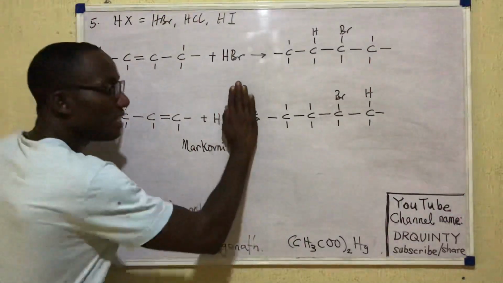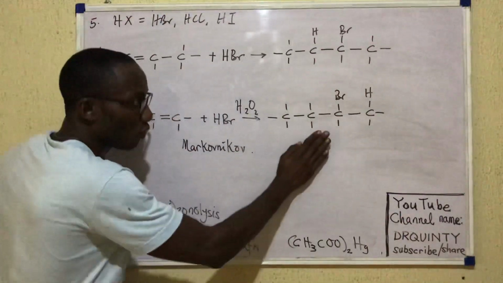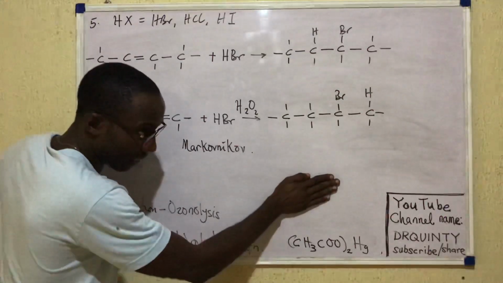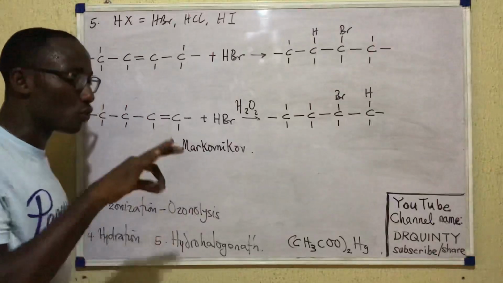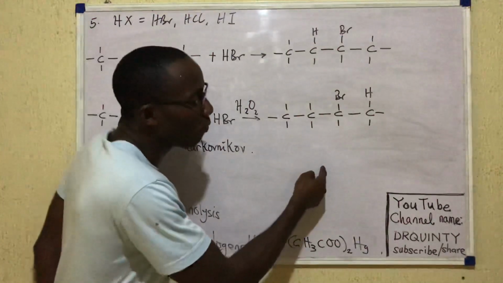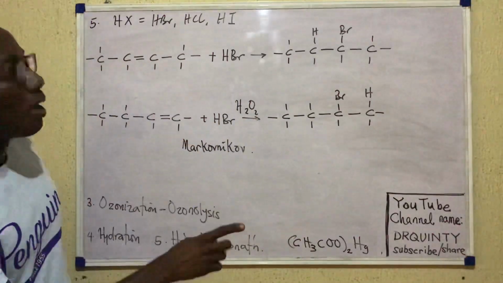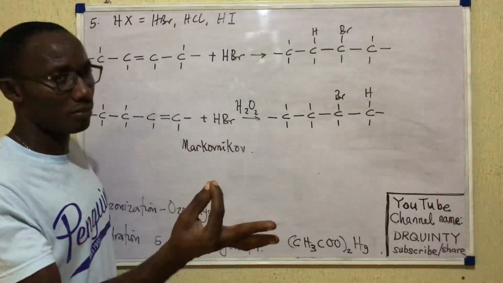Normally, in the absence of peroxide, you will get two products for this reaction. The predominant one is the one we have drawn, which is 2-bromobutane, whereas 1-bromobutane would also be formed, but as a minor product, in small amounts.